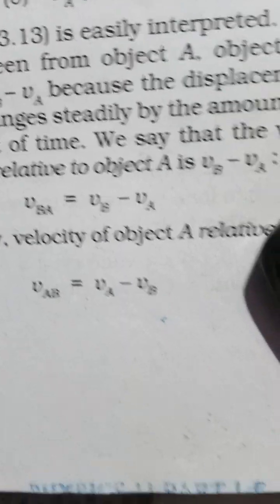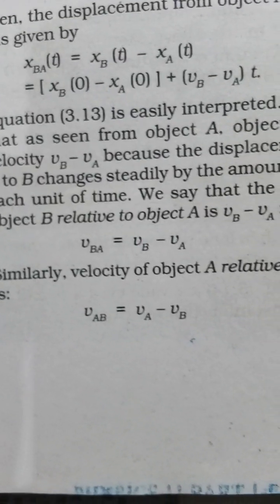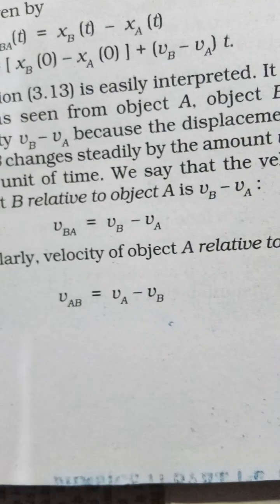VBA = VB - VA, 3.14a. Similarly, the velocity of object A relative to object B is VAB = VA - VB, 3.14b.